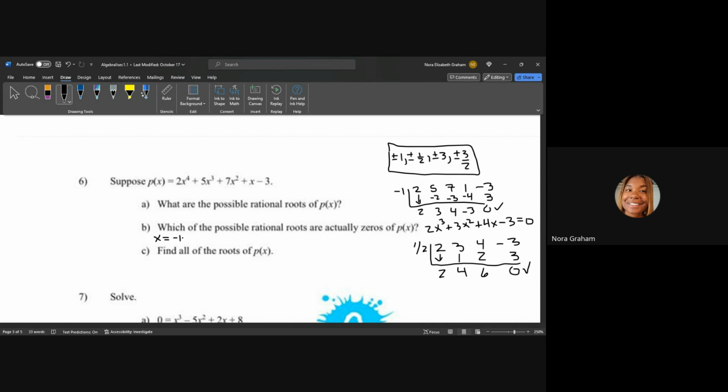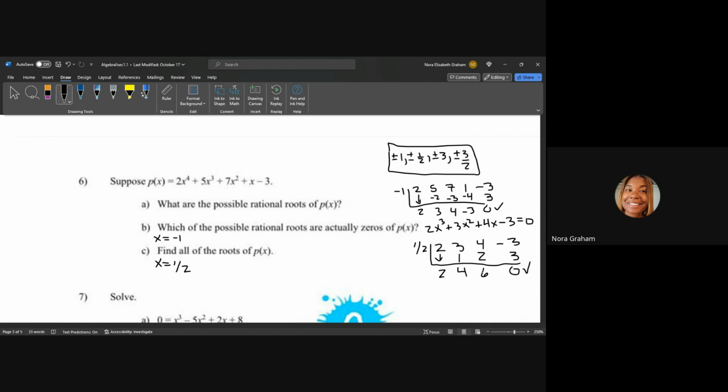So I know another one of my roots is going to be x equals 1/2. All right. And then I can continue. And now I can write this as a new polynomial. And like I said, our last degree was 3.